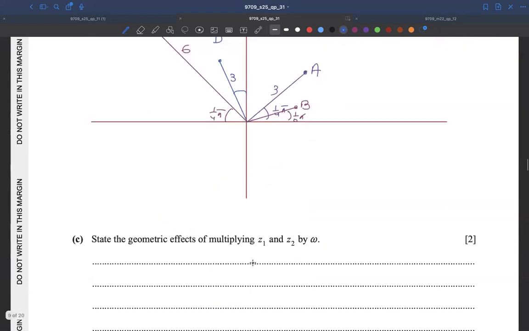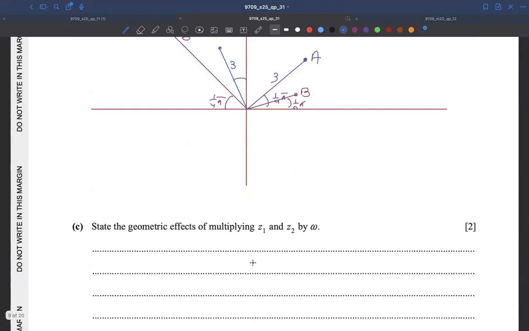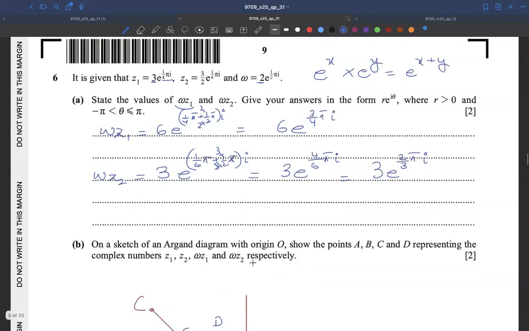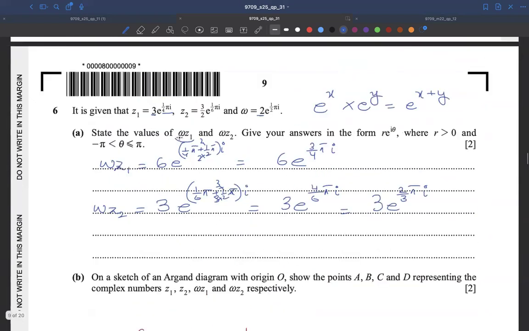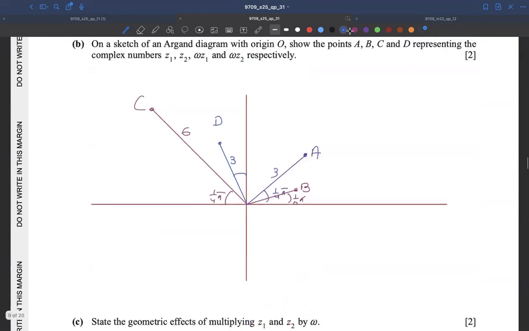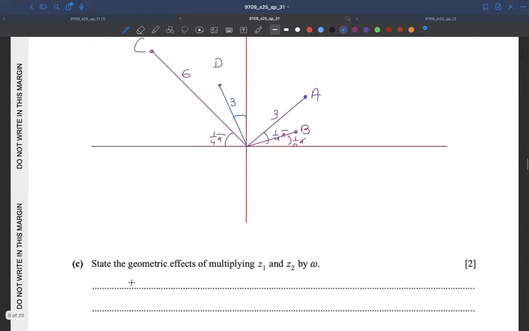Now it says state the geometric effects of multiplying Z1 and Z2 by ω. Now one effect we can see directly is that when we multiply ω by Z1, we added the angle 1 upon 2 π, which is basically 90 degrees. So this was Z1 over here, and this angle over here is basically a right angle.